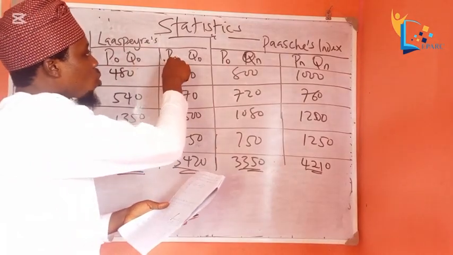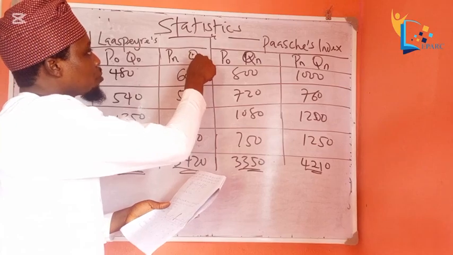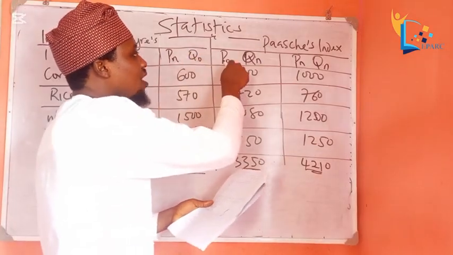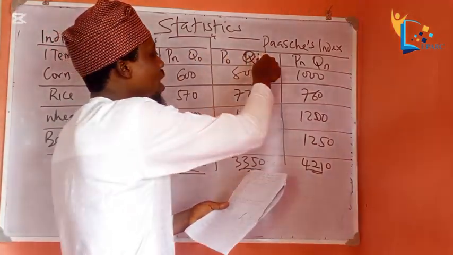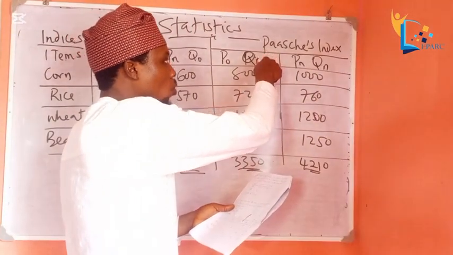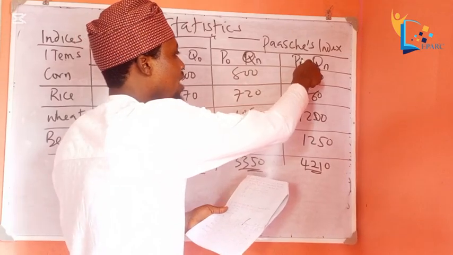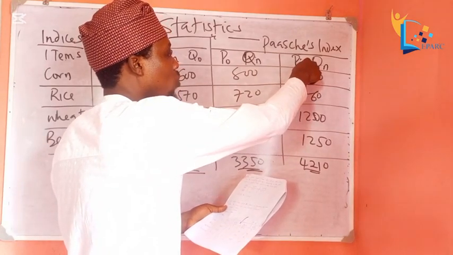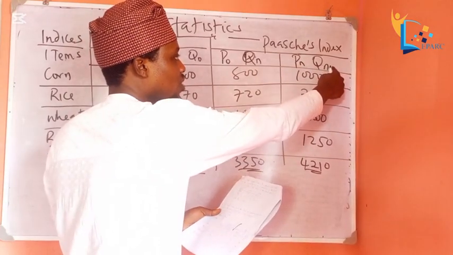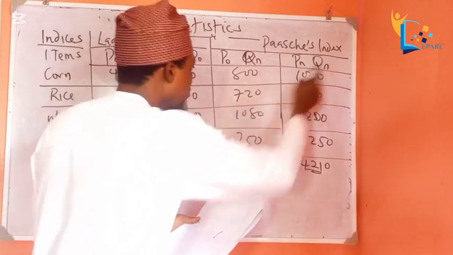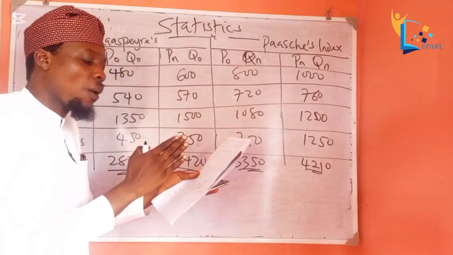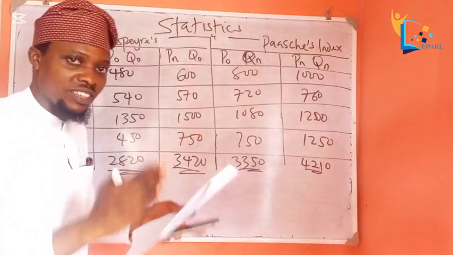PN is telling us current price. QN is telling us current quantity.